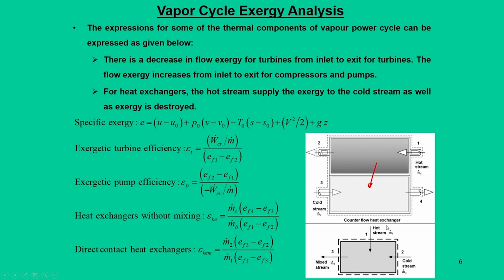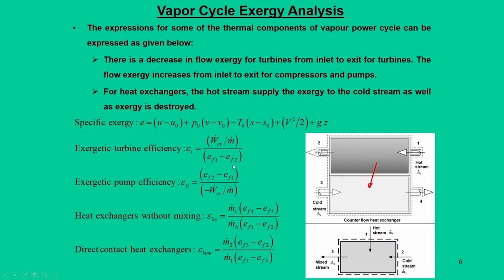But in another type of arrangement, the hot stream and the cold stream come in and go out as a mixed stream. That means both fluids are mixing together. So, we can write the mass balance as M1 plus M2 gives M3. Accordingly, we can find the exergetic efficiency for different components.